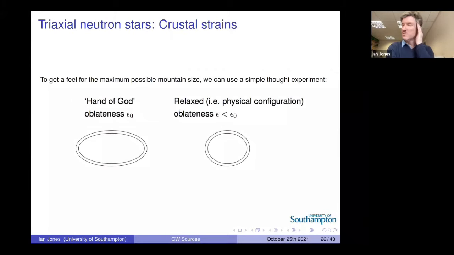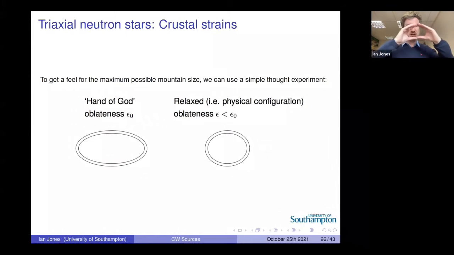So here is a simple way of thinking about this problem that actually gives you quite a lot of insight. These little squiggles you can see here are neutron stars with the outer crust, the outer 10% or so, indicated. Imagine that we had a neutron star on the left, and it's born with some large ellipticity, or let's call it oblateness, epsilon naught.